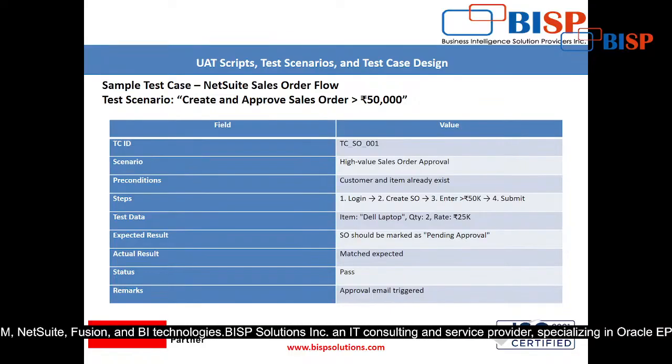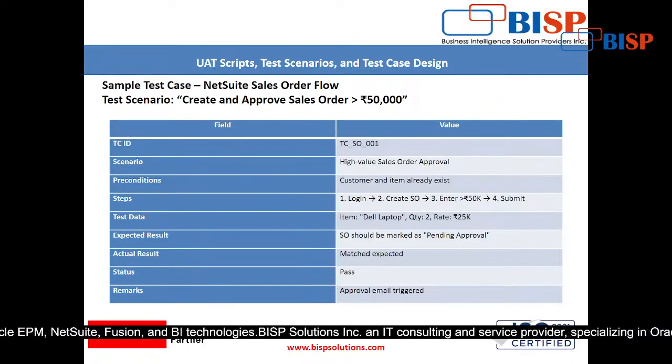So first of all, this test case will have some ID. While naming the ID, you have to be very careful about what naming conventions you are using: TC underscore sales order underscore 001. Now the scenario: high value sales orders approval. Okay, fine.